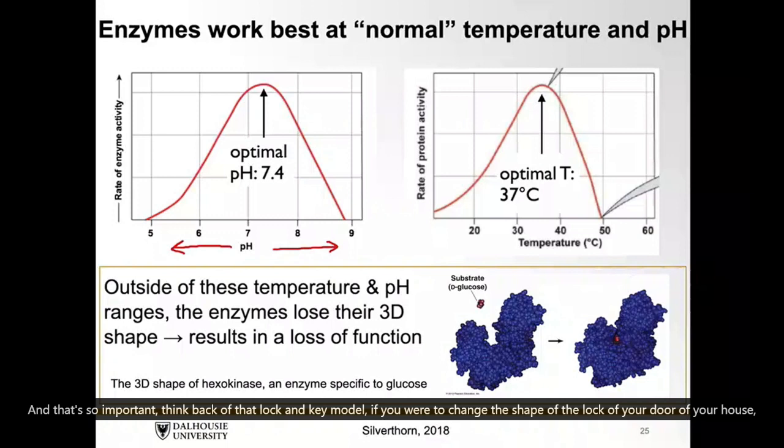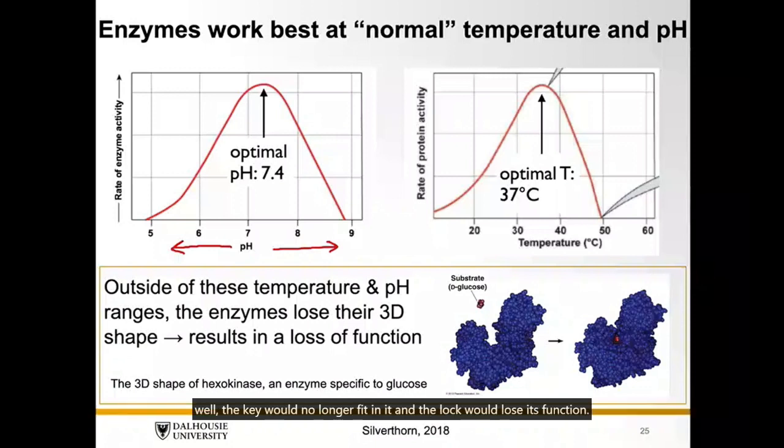Think back of that lock and key model. If you were to change the shape of the lock of your door of your house, well, the key would no longer fit in it and the lock would lose its function. It's the same thing with the enzyme. If they lose their 3D shape, they lose also their function. And that's what happens if you go outside of the pH and outside of the optimal temperature range.